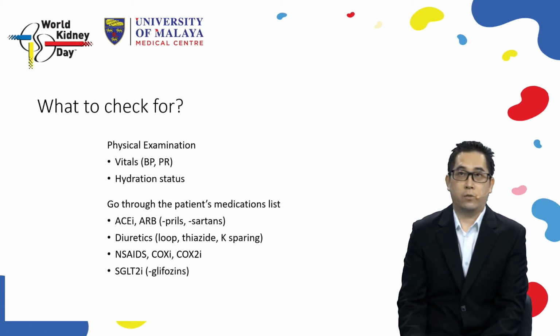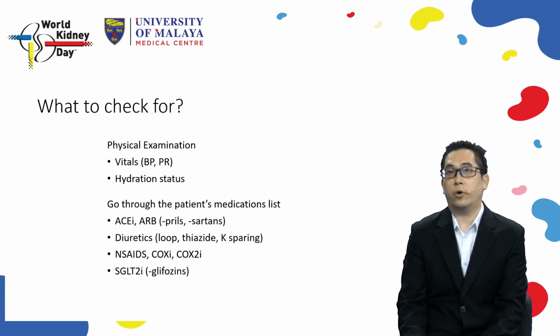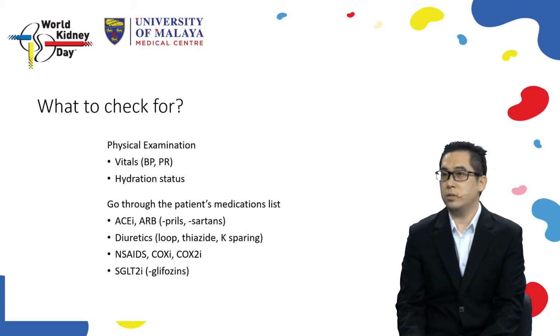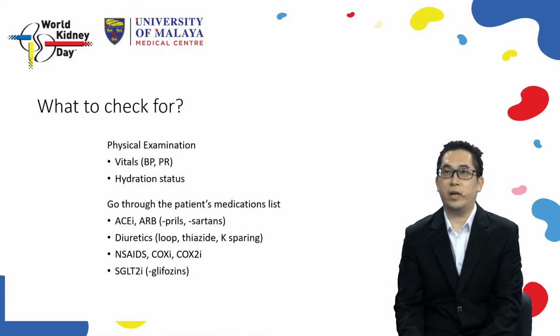If you have an ACE inhibitor or ARB on board, you should stop that prior to surgery. ACE inhibitors generally end with -prils. So it could be things like captopril, lisinopril, perindopril, and we have ARBs, which usually end with -sartans, like telmisartan, irbesartan, and all these medications can potentiate AKI.